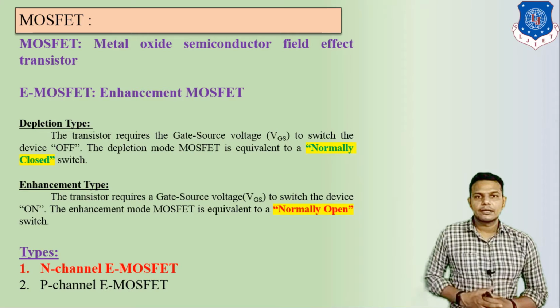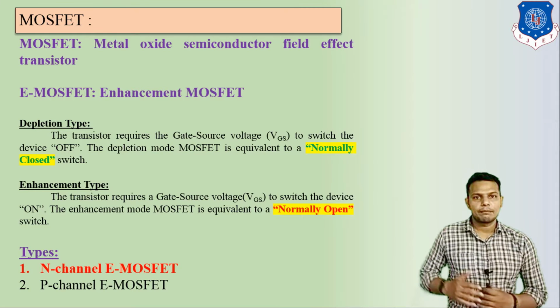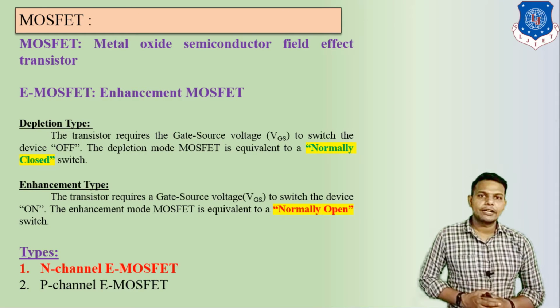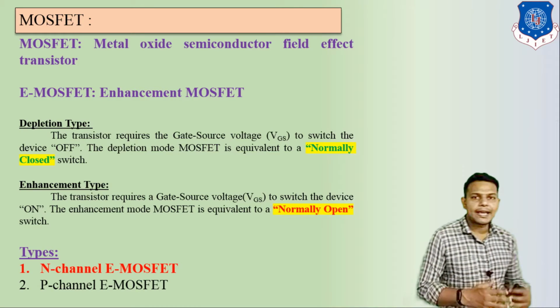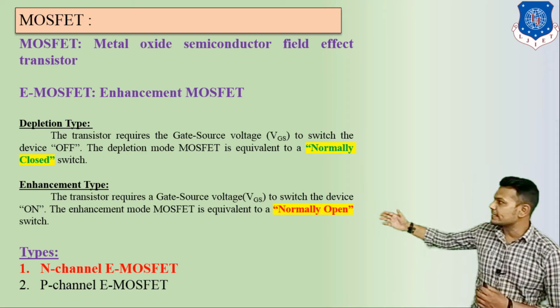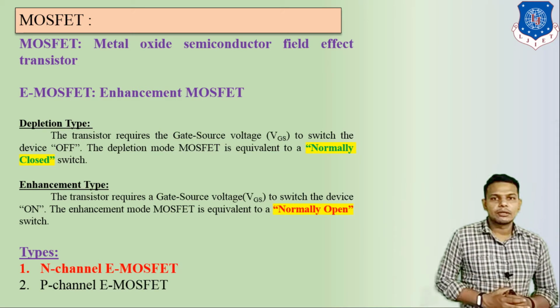MOSFET, its full form is metal oxide semiconductor field effect transistor. So E-MOSFET, that means it is enhancement MOSFET. Here we can see these are the types of MOSFET.